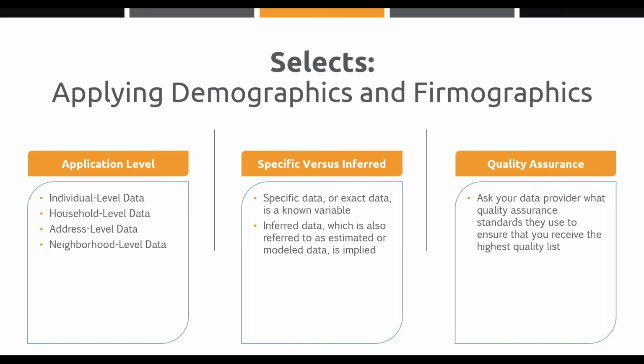Now, when we look at address level information, that's going to be specific with that address. So things like the home market value, the year that the home was built, that's going to be specific to that actual home and that address. It's not going to change.